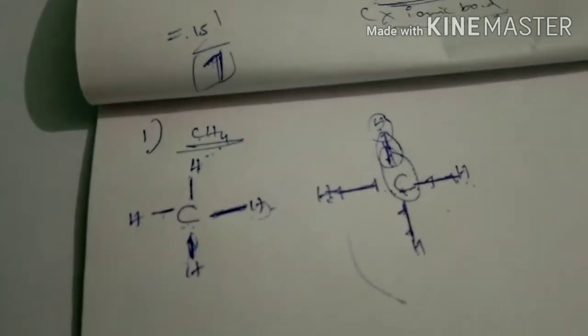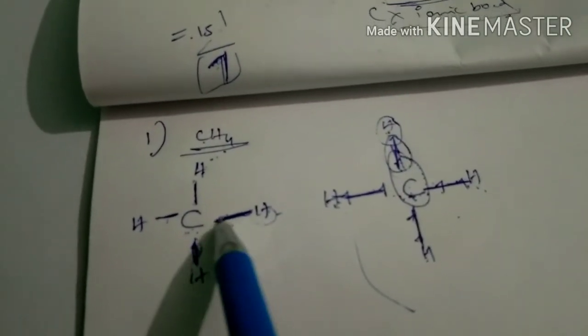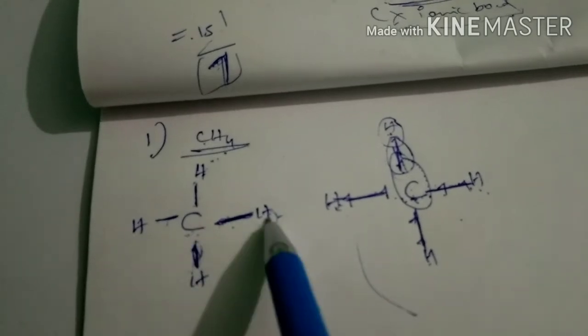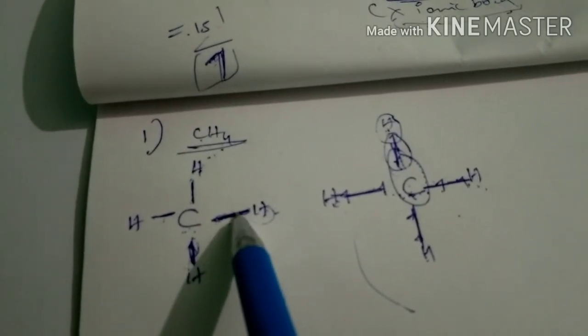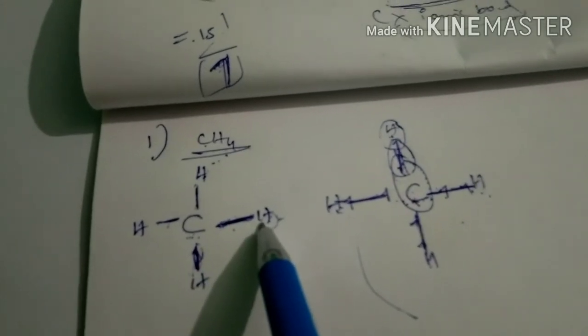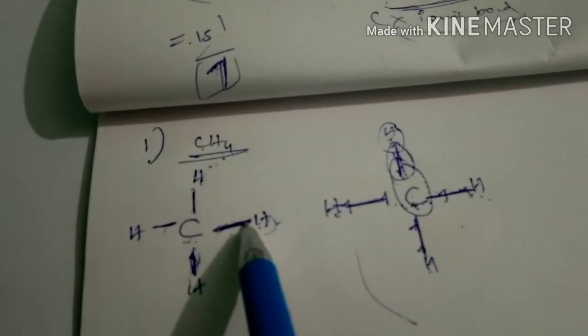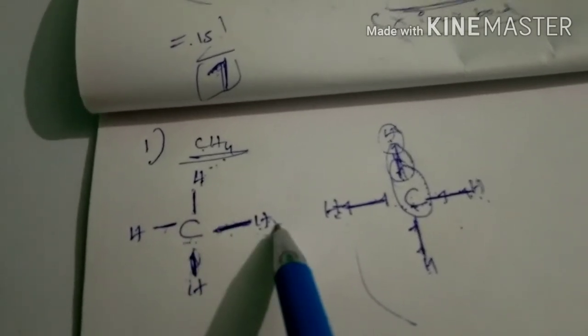I repeat once again, this is an important thing. Once a covalent bond is formed between 2 atoms, those 2 electrons belong to the carbon atom and the hydrogen atom.